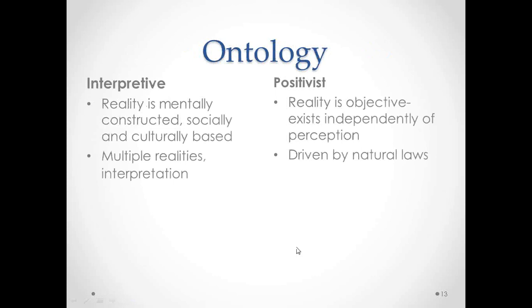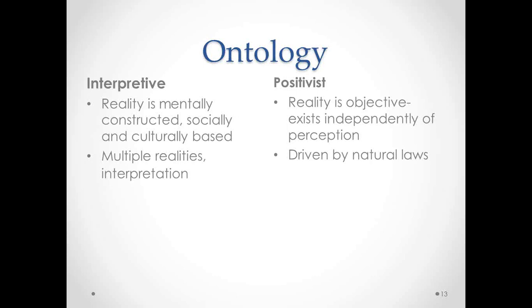So what's my ontology? If I am an interpretive researcher, looking at a particular issue from an interpretive perspective, I have the thought that reality is mentally and socially constructed. It's culturally based, and multiple realities and multiple interpretations exist.